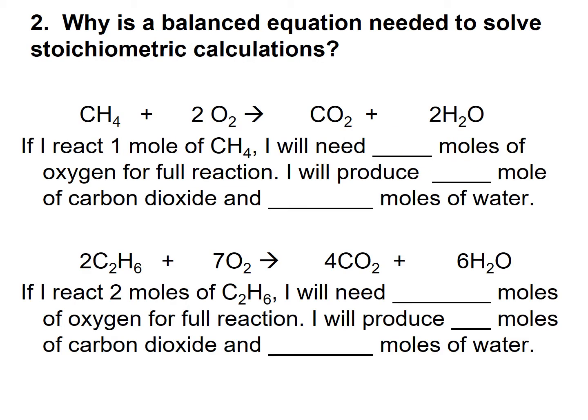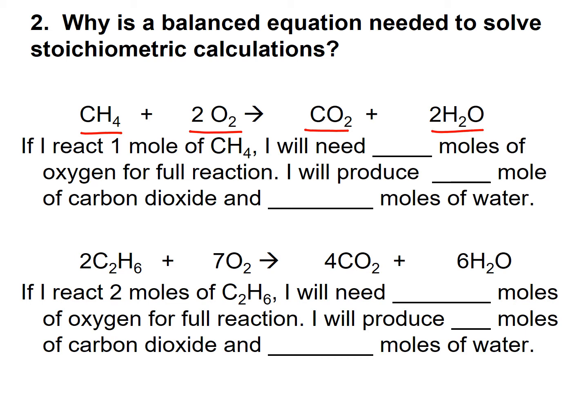Now, we talked in Unit 5 about the coefficients of balanced equations, and back in Unit 5, we might have looked at this first equation and said, okay, for every 1 molecule of methane, CH4, that reacts, I need 2 molecules of oxygen. And when I react those, I'll produce 1 molecule of CO2 and 2 molecules of water, okay?